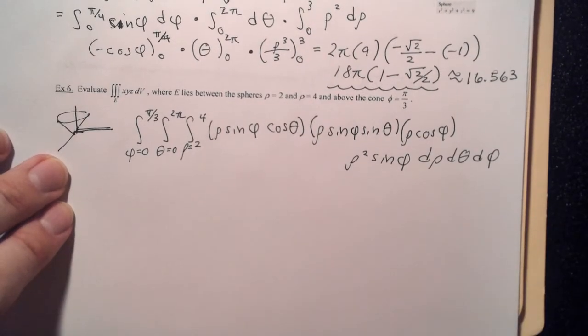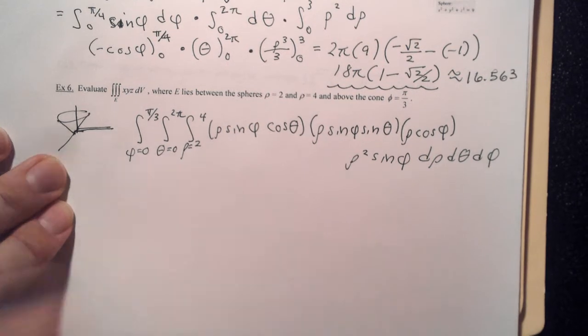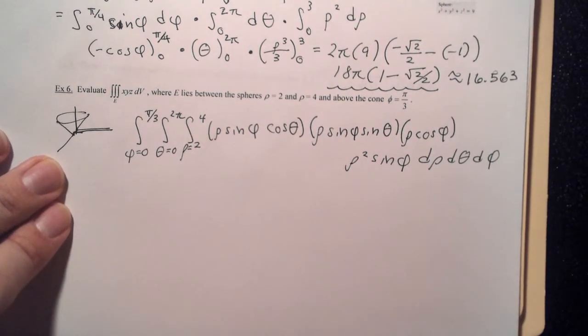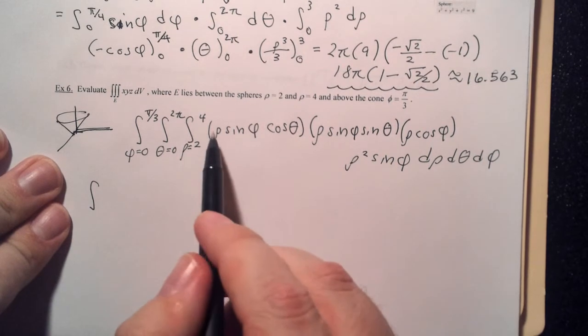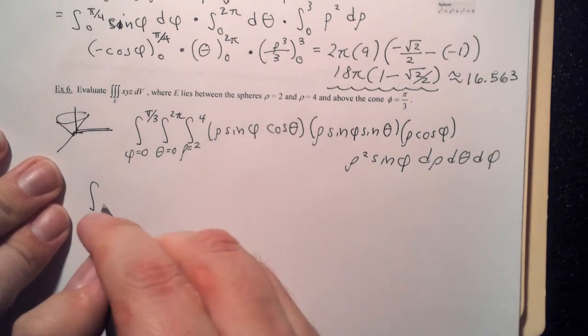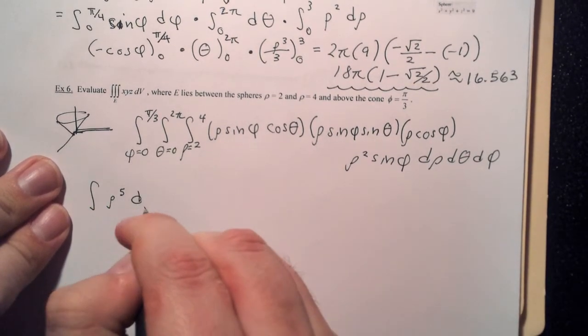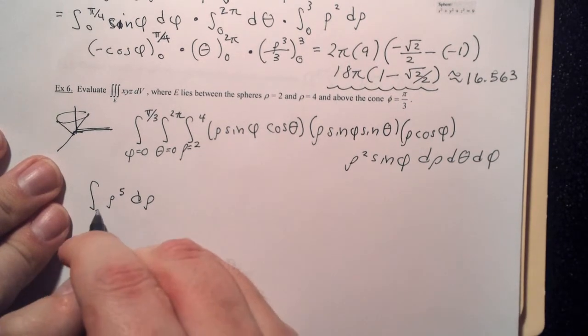So, I can go ahead and clean all this up, and what's more, I can actually separate this, as I did the last problem, into a rho integral, a theta integral, and a phi integral. If I do that, my rho integral, it looks like I'll have rho, rho, rho, rho squared, so that's rho to the 5th, d rho. My rho bounds were 2 to 4.